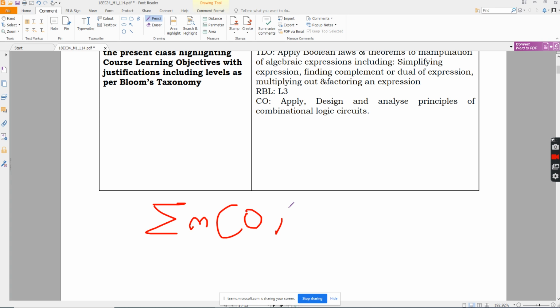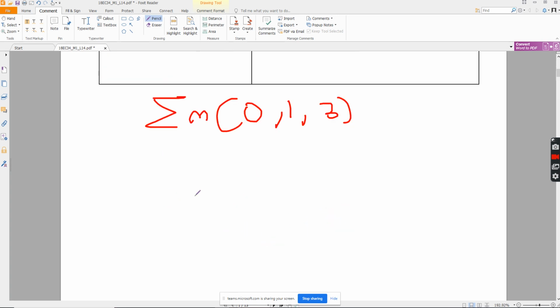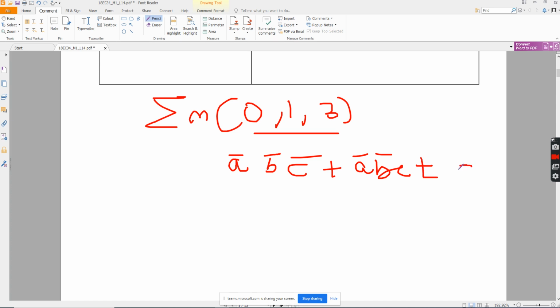So if I write summation m of 0, 1, 3, then how will I write it? Assume there are 3 variables. I can write the equation as a bar b bar c bar plus a bar b bar c plus a bar b c.